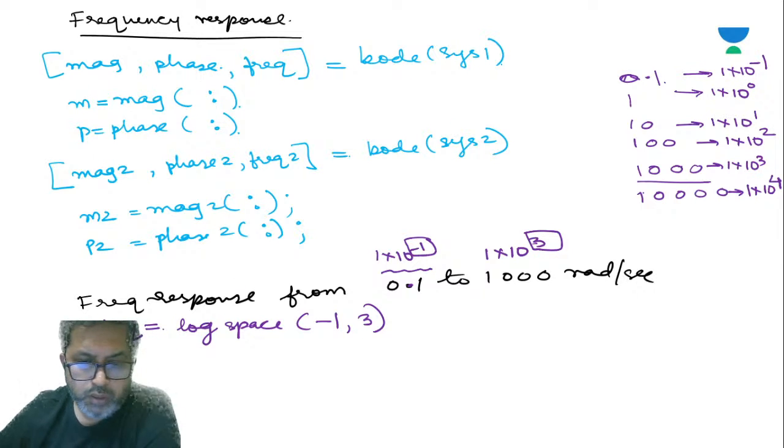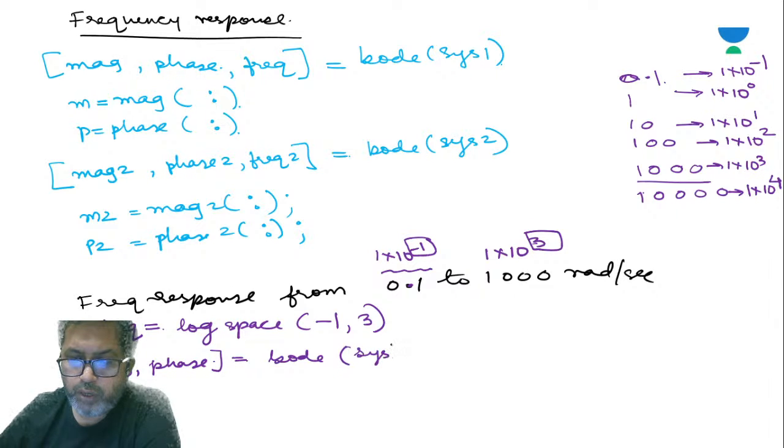Okay. So I will say magnitude comma phase is equal to bode system 1 comma frequency. M1 is equal to magnitude, P1 is equal to phase.